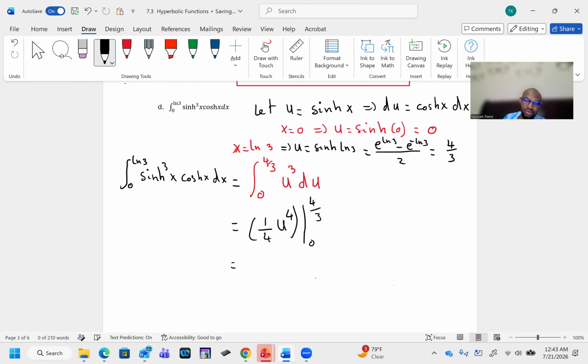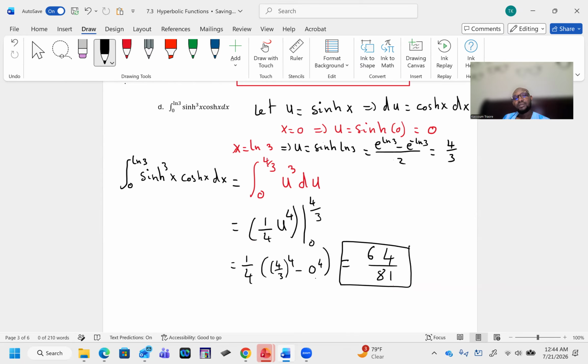Which would be 1 over 4 times 4 divided by 3 to the power of 4 minus 0 to the power of 4. And if you do all the calculation, you will see this one will give me 64 divided by 81. And that's it.